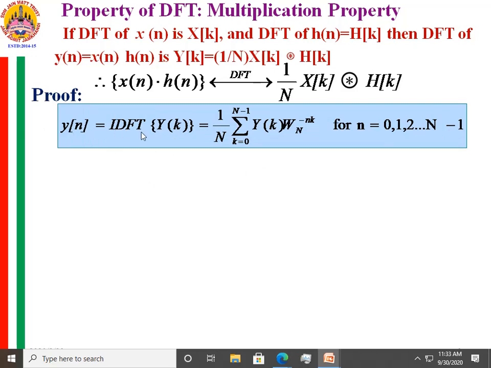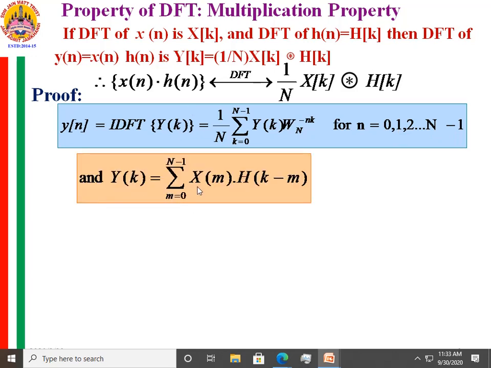y[n] is equal to IDFT of Y[k], where by the IDFT equation I can rewrite it as 1 by N summation k from 0 to N minus 1 Y[k] W_N raised to minus nk, where k here takes on the values from 0 to N minus 1.